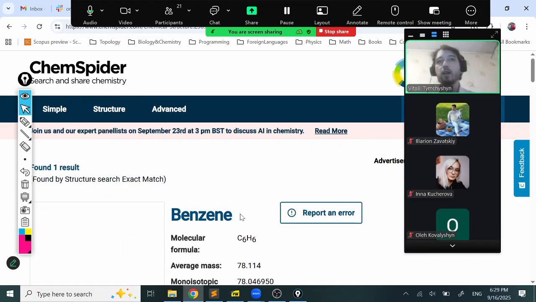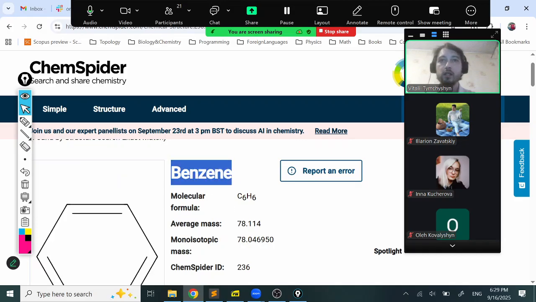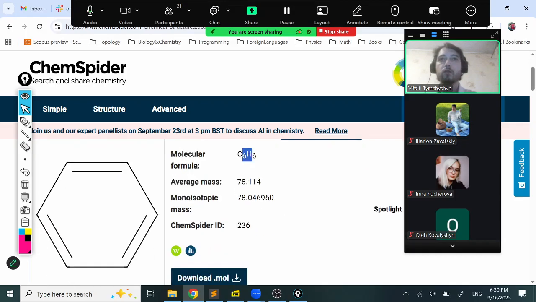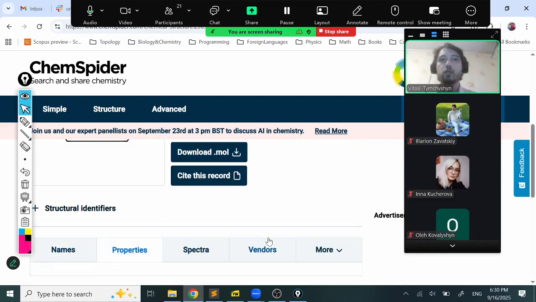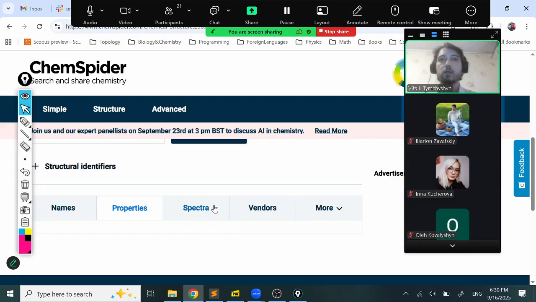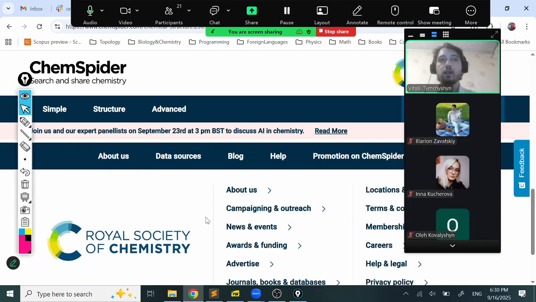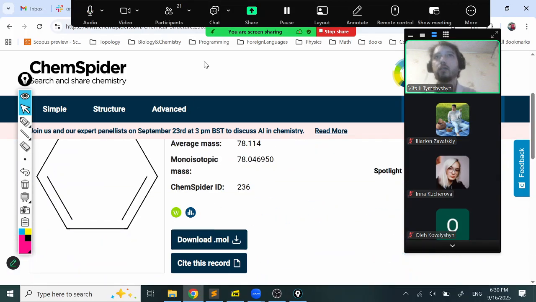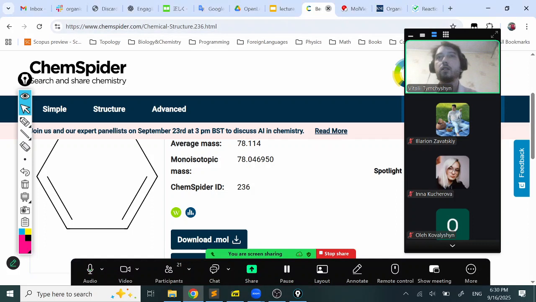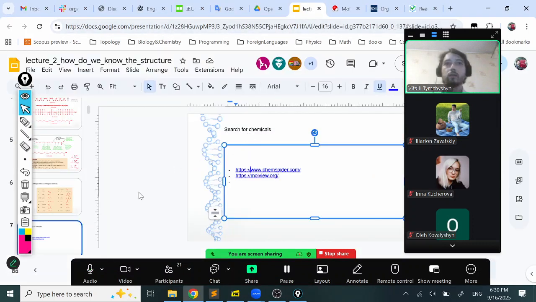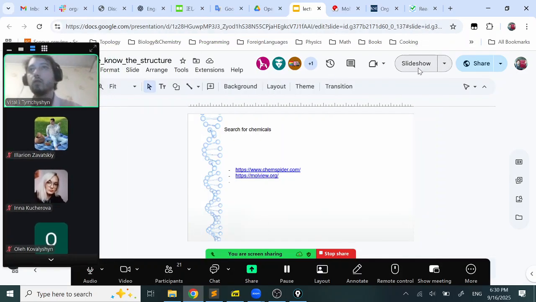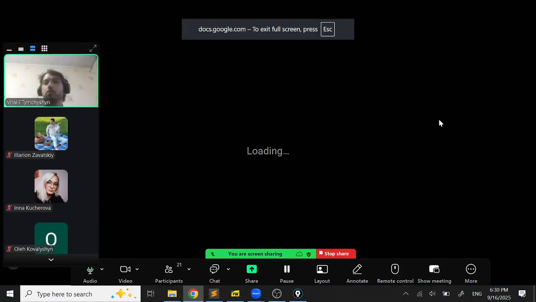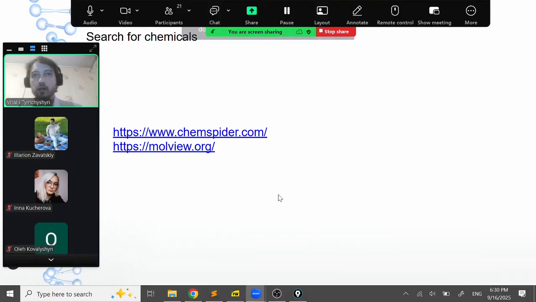And here I have information, so it's really benzene, some molecular formula, mass, and so on and so forth. So you may get some sort of properties, some spectral data, and so on. So interesting information you may find here on the chemicals that you don't know what they are. So that may be useful. Good.